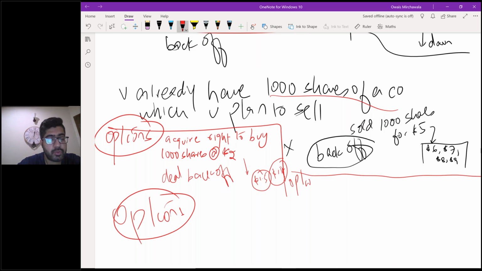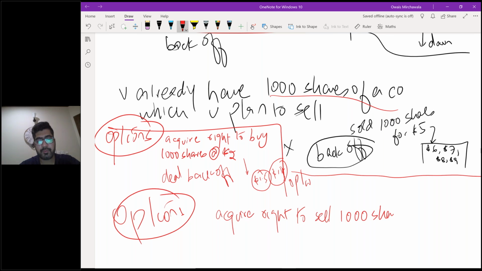You have 1,000 shares which you plan to sell. Don't sell the shares. Just acquire a right or promise to sell 1,000 shares at $5. You didn't sell shares. You just got a right to sell shares at $5, on the condition that it's a right, not an obligation.